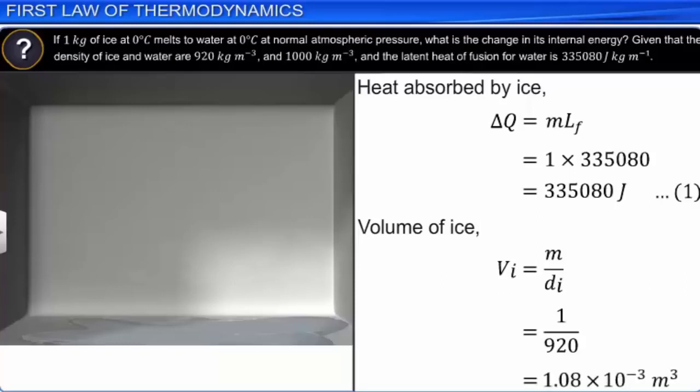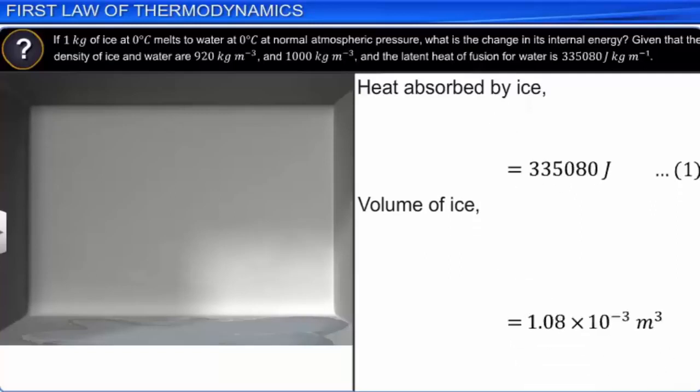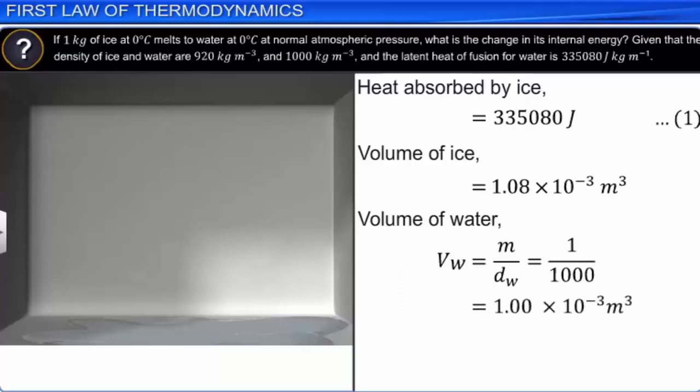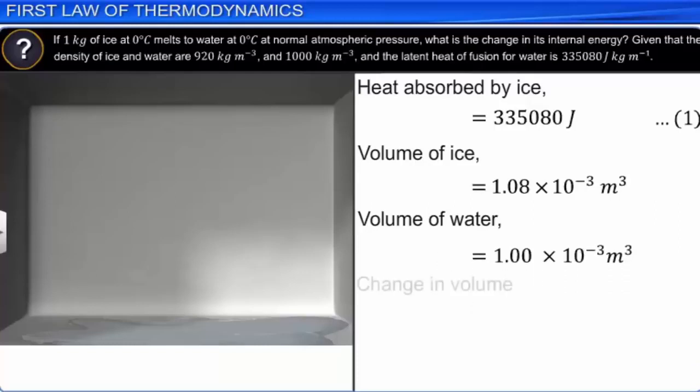Similarly, VW is equal to m by dW, which is equal to 10 power minus 3 meter cube. Therefore, the change in the volume delta V is equal to VW minus VI, which is equal to minus 0.08 into 10 power minus 3 meter cube. Let this be equation 2.